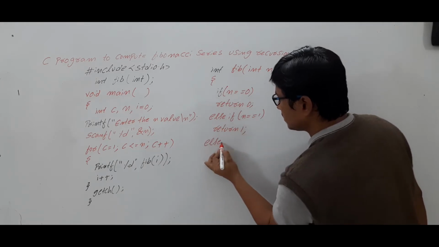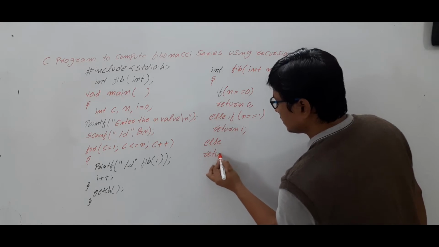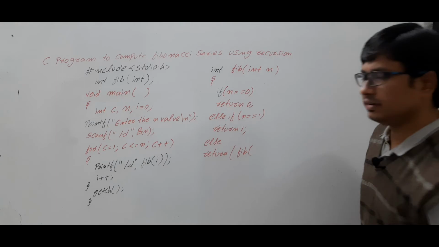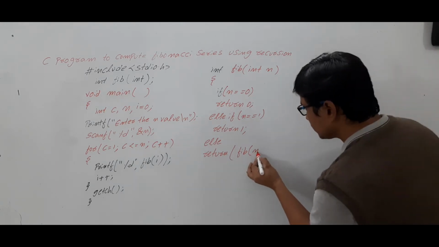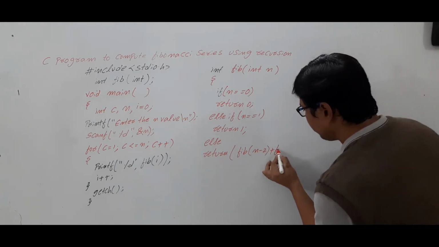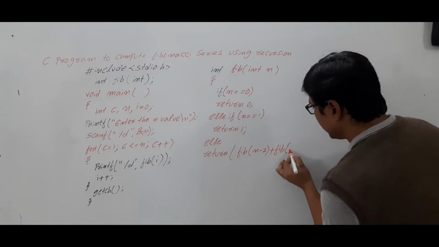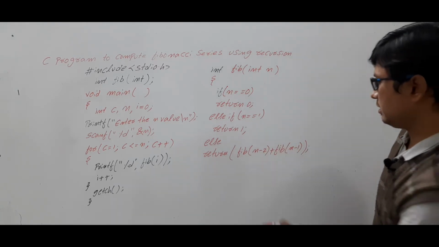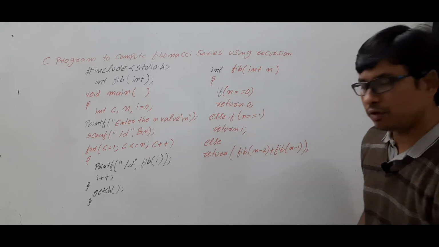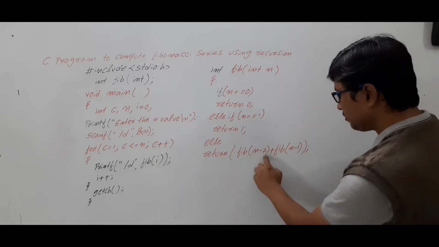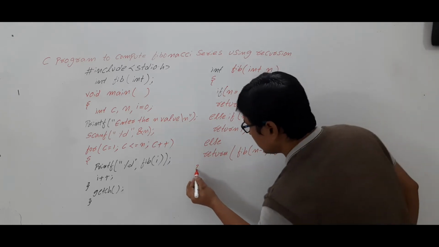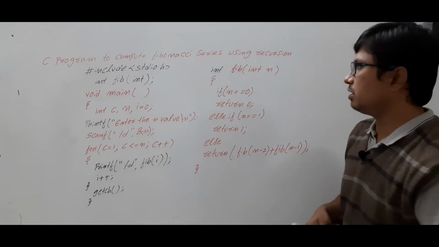Else return fib of n minus 2 plus fib of n minus 1. Okay, is it clear? You look at how many curly braces you have opened and closed. Fib of n minus 2, this is done, and this is done. Okay, and you have closed the function called fib.